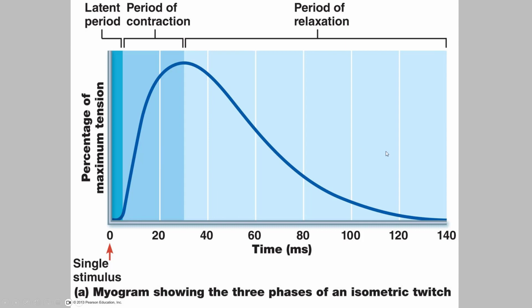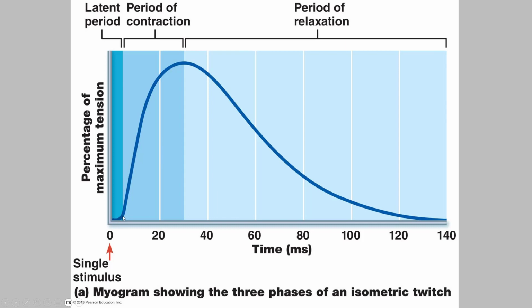This is a laboratory phenomenon when muscles are being studied. So we send a single stimulus to a muscle cell, and we get a single contraction. This is called a muscle twitch. And what we're looking at are the different phases of that twitch.